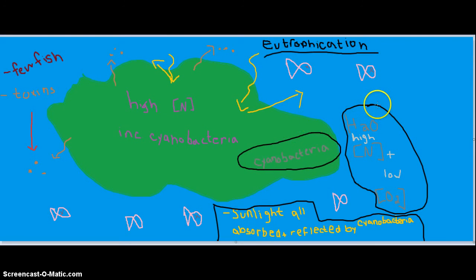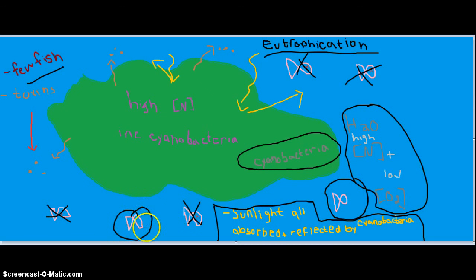So when this oxygen level decreases low enough, it can cause fish kills. So we see here this fish is dead, and so is this one, and a couple more here. So we see that our fish population is very, very low, with just 2 remaining. So that is also another serious issue with increased nitrogen in the aquatic system.